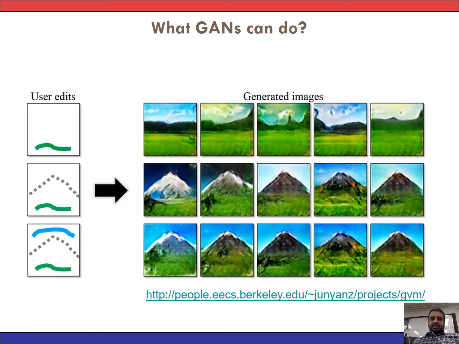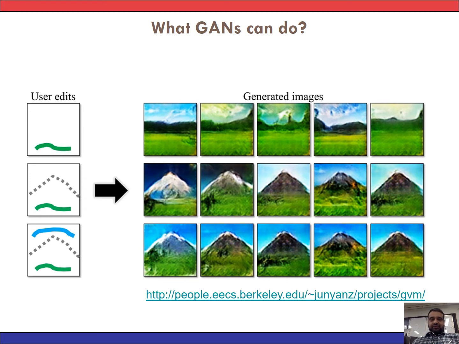Similarly, application wise, it can do many tasks. I just selected one or two examples, but this is also one interesting example. It has application in graphics design, and it helps the graphic designers.